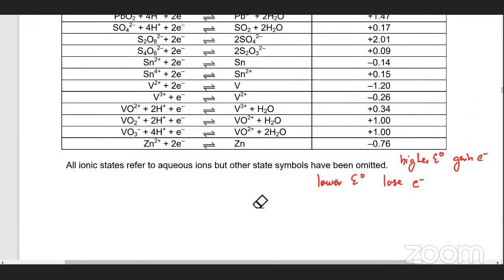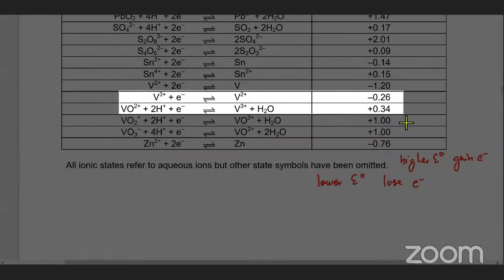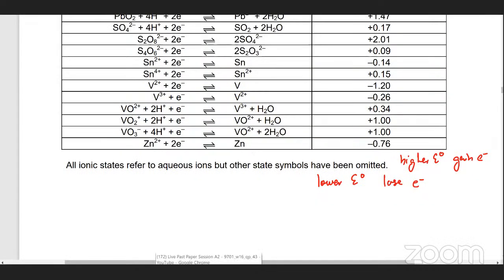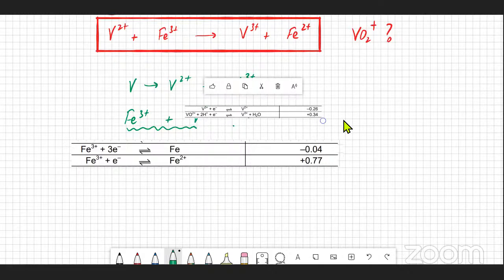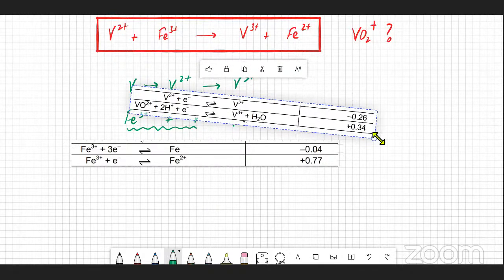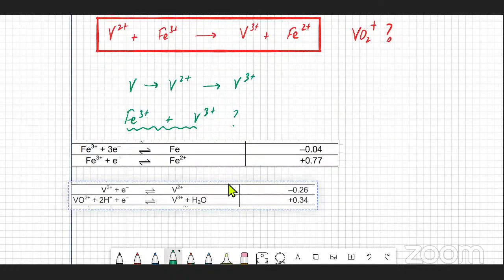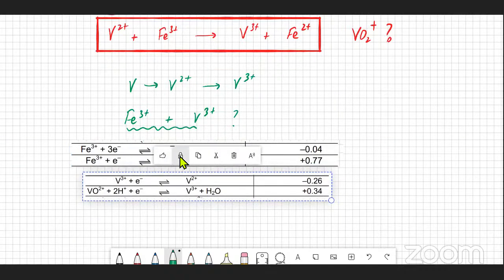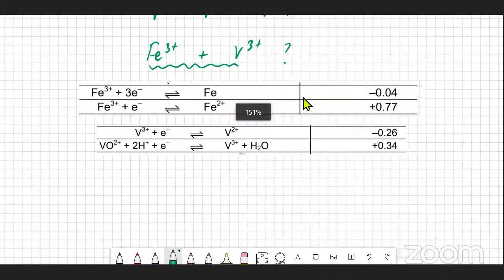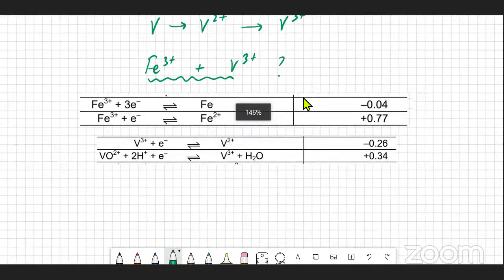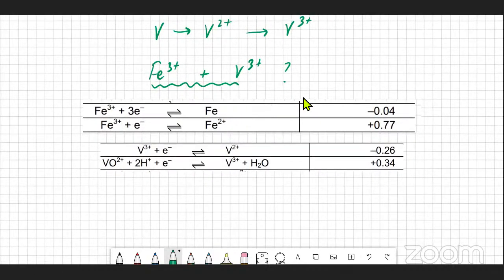You would notice that there are two equations involving V3+, and it's these two. So these two are the equations involving V3+. I'm taking these two in the middle. Now I'm focusing on this: is there going to be another chain reaction with Fe3+?